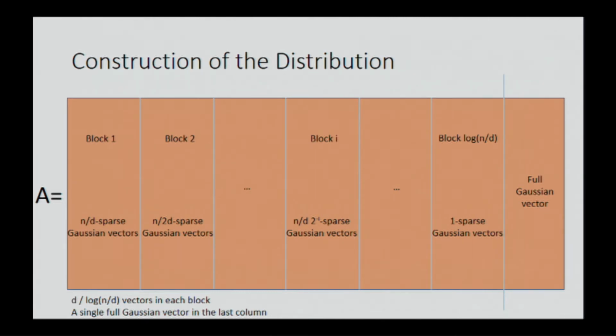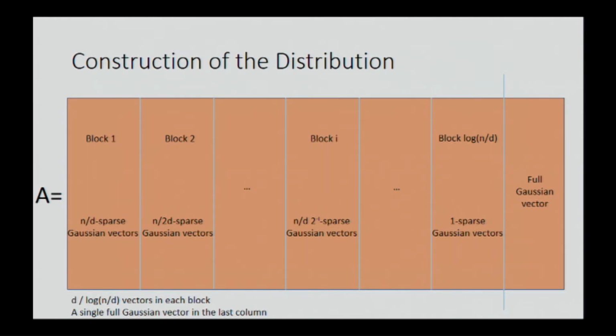The second block has n over 2d sparse vectors, so the sparsity has gone down a little bit. The third block has n over 4d sparse vectors. In general, in the ith block, the sparsity of the vectors is n over d times 1 over 2 to the i. In the last block, log n over d, I have 1-sparse vectors.